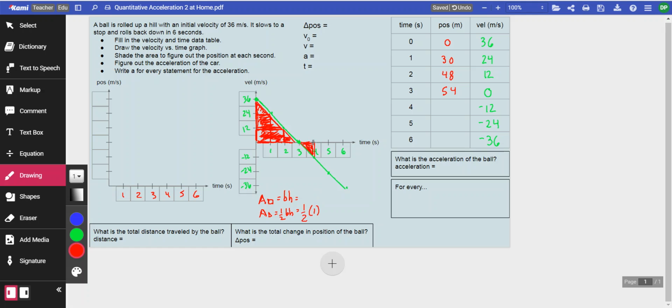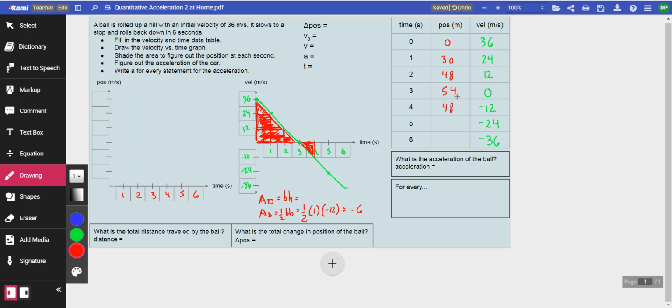You see it's just 1 wide. And the height is -12. So 1/2 of 1 times -12 is -6. So my total area is this big one, which is 54, plus this -6. 54 plus -6 is 48.